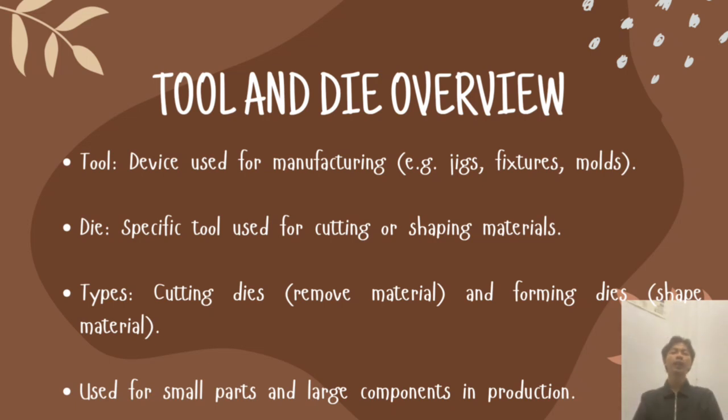There are two main types of dies. First, cutting dies, which remove material, and forming dies, which shape the material without removing it. Both tools and dies are essential in producing both small and large components in manufacturing.